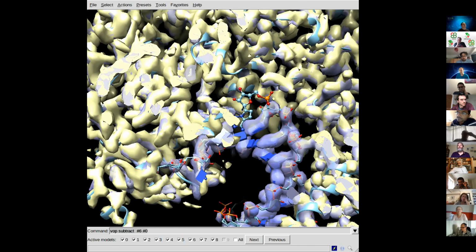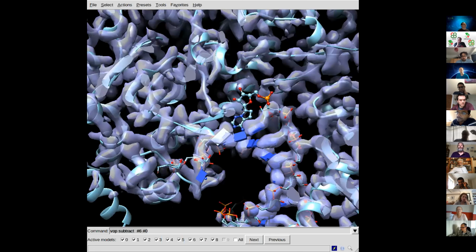Did you get the difference map? Yes, I'm just trying to find how to share that now. Changing my sharing screen. I'm running Zoom under Ubuntu on my other machine, and it behaves a little differently. Hello?